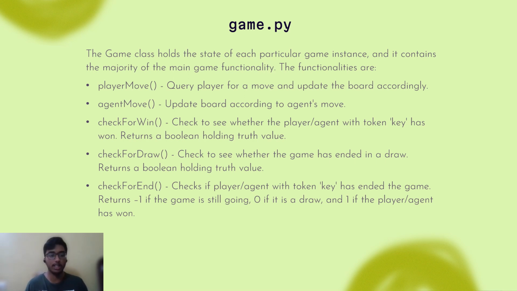Then it checks if the key x or 0 has won, and it prints if the player has won or the agent has won, like that. It then prints if it is a draw or not.